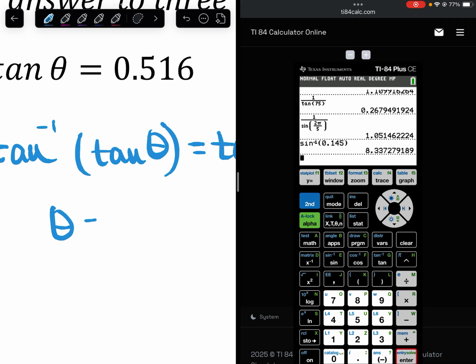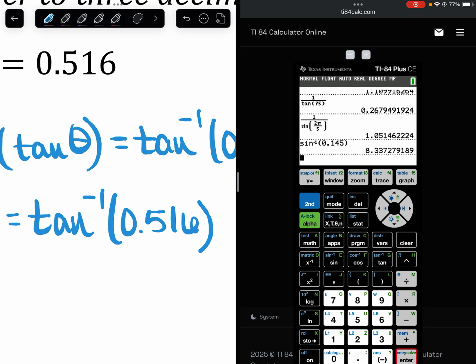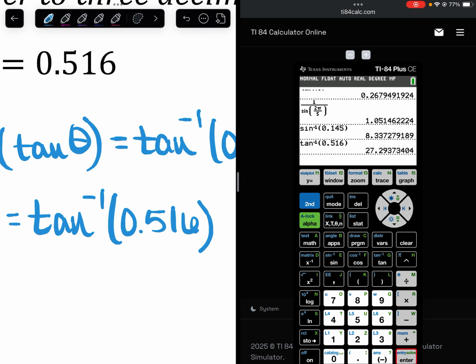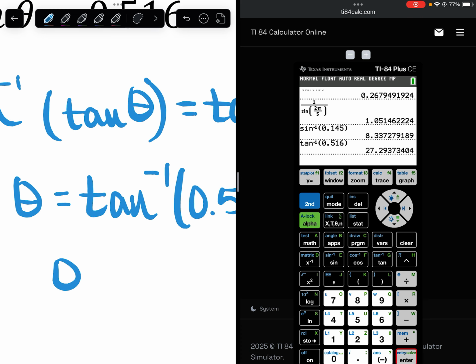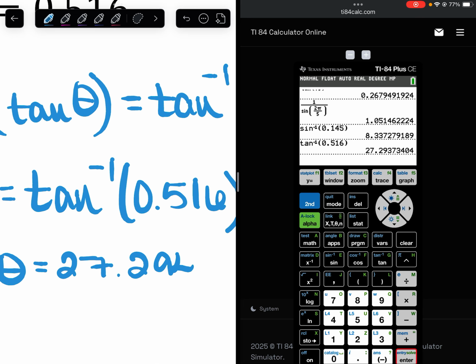If it says theta in radians, make sure you change your mode. So second tangent, 0.516, close, enter. Theta is 27.294 degrees.